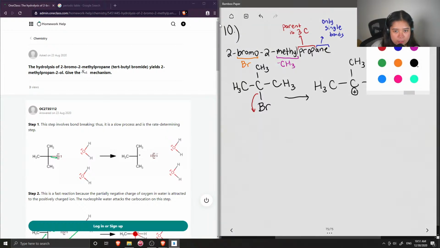Because it is positively charged, it will attract our nucleophile. In this case, let's say that our nucleophile is a molecule of water. One of the lone pairs on the water molecule will come in and try to neutralize that carbon.